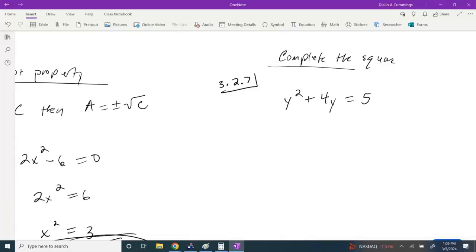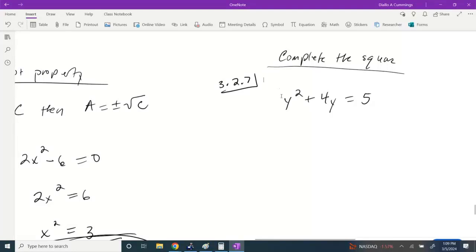All right, so in order to complete the square, you have to have a certain form. And a certain form you must have is you must have the squared term and you must have the first degree term. So when I say squared term, that's just whatever your variable is squared.